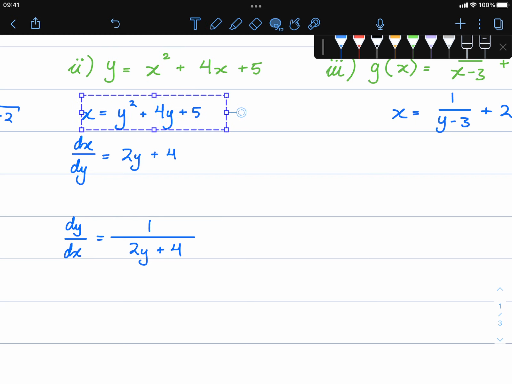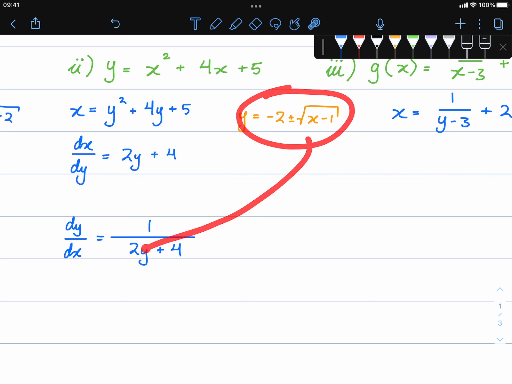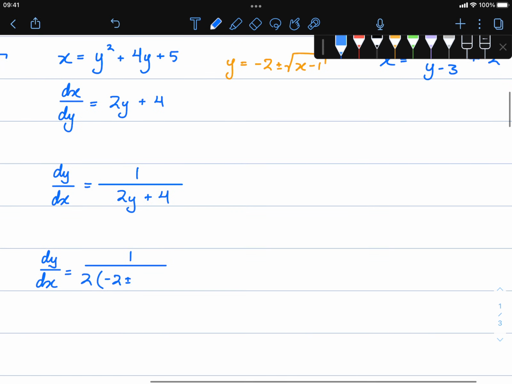From the previous video, when we made y the subject for this, we got y is equal to negative 2 plus minus the square root of x minus 1. So we would substitute this back here. So it would become dy on dx equals 1 over 2 bracket negative 2 plus minus the square root of x minus 1, plus 4.